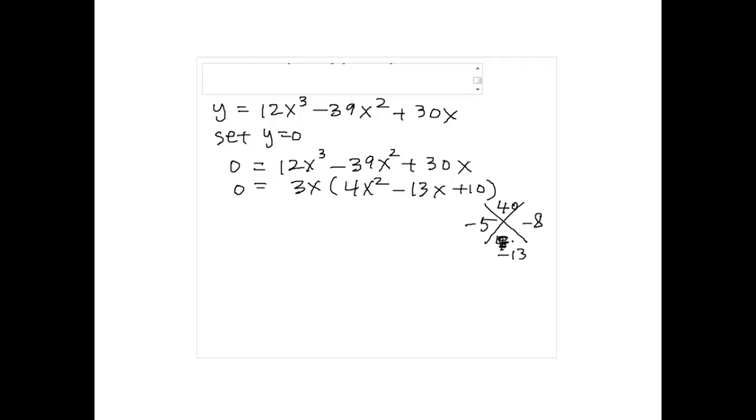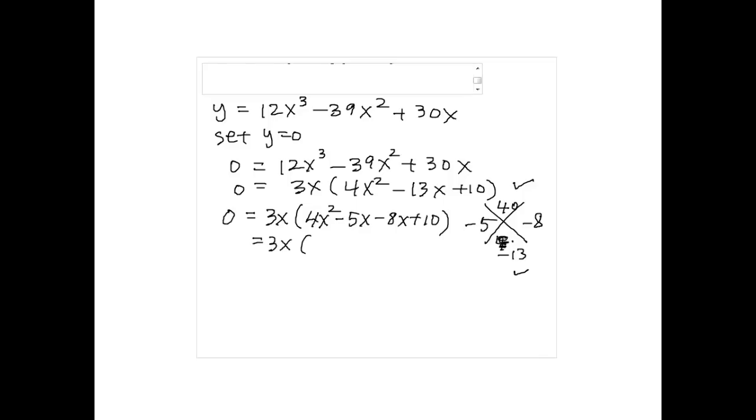So negative 5 and negative 8 will give us 40 when we multiply these two numbers, and negative 5 plus negative 8 will give us negative 13. So 0 equals 3x times 4x squared minus 5x minus 8x plus 10.